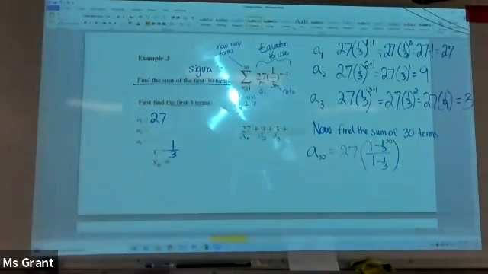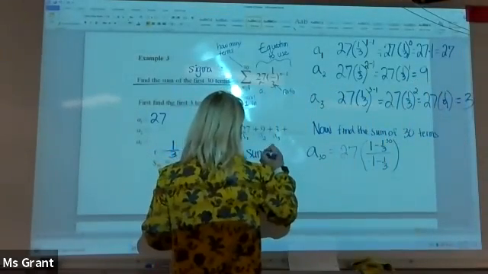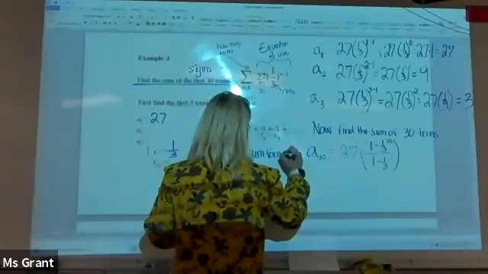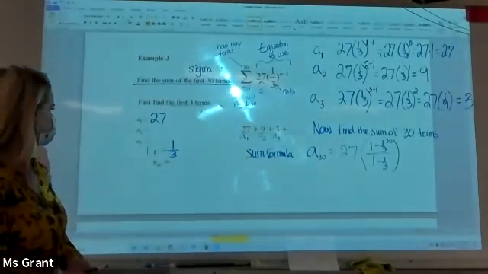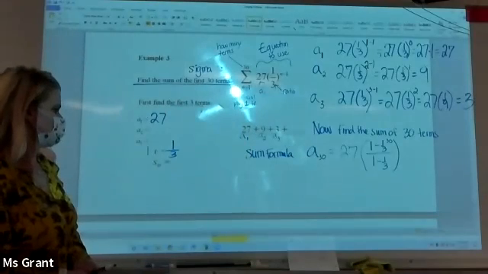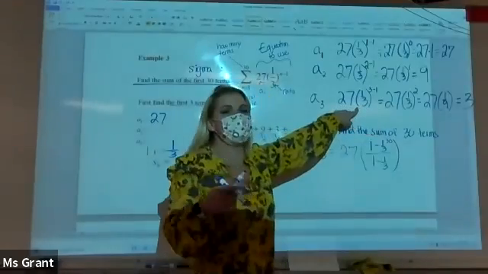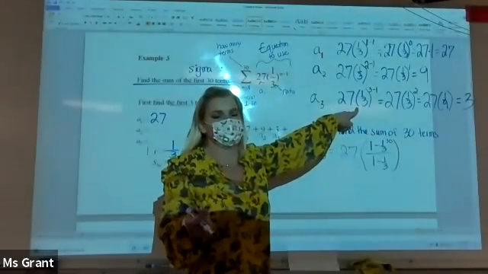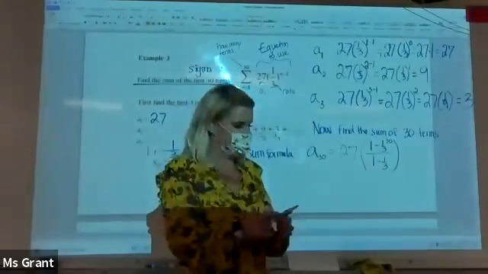So fix that. Sum formula. This formula tells me what is the number that is the 30th term. But if I want to be adding as I go, I have to use my sum formula.